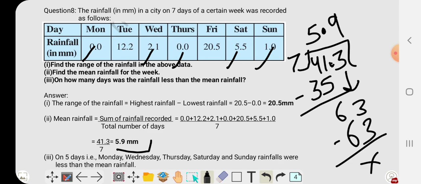On 5 days, i.e. What does i.e. mean? It means that is. This is the shortest form to write that is. So on 5 days, that is Monday, Wednesday, Thursday, Saturday and Sunday, rainfall was less than the mean rainfall. This is the final answer.